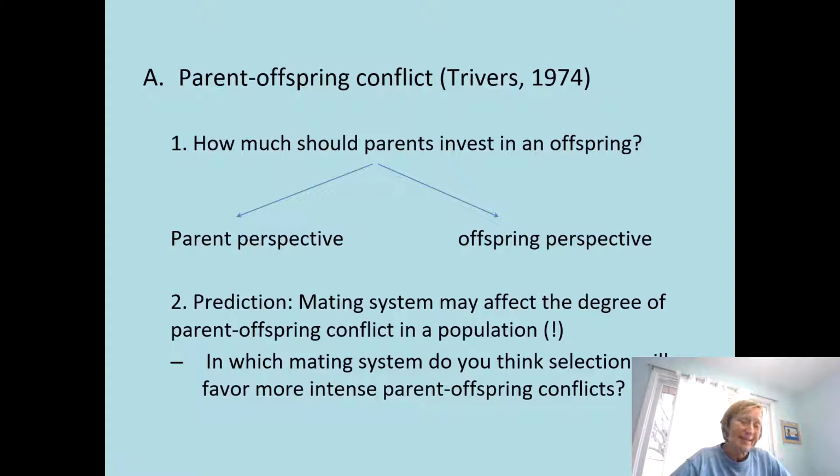Researchers predict that polyandry would favor more intense parent-offspring conflicts than monogamy, because as offspring have different male parents, they are going to share less of their genetic information with each other.